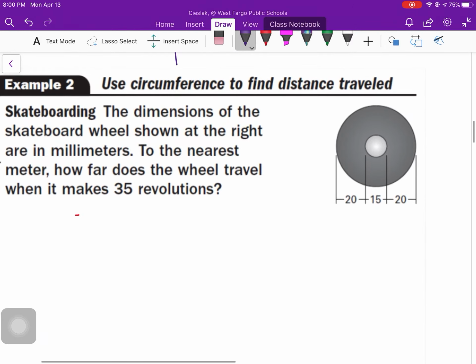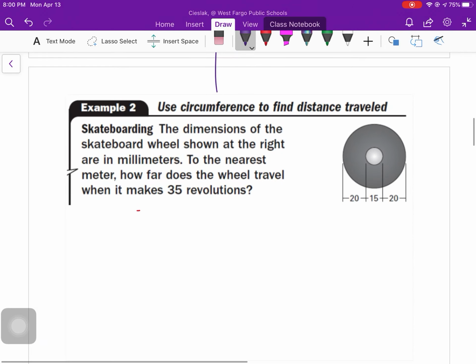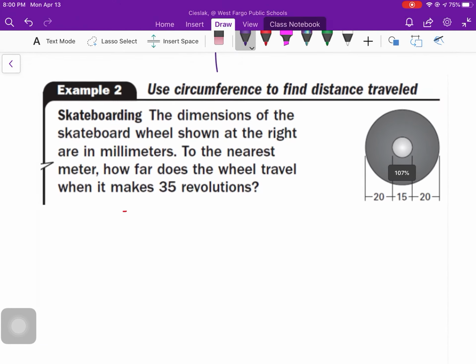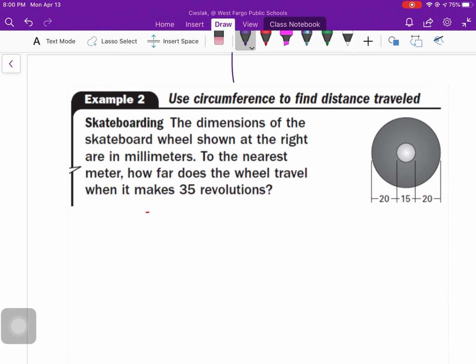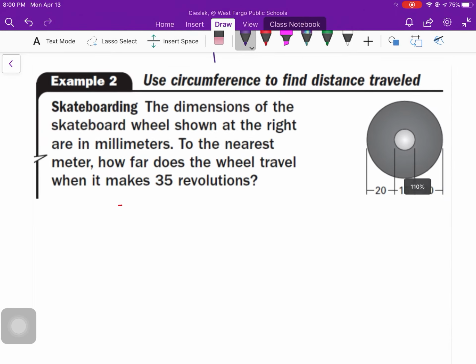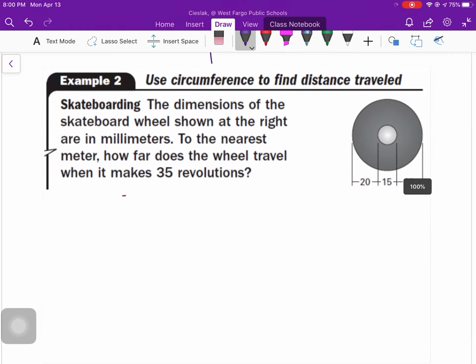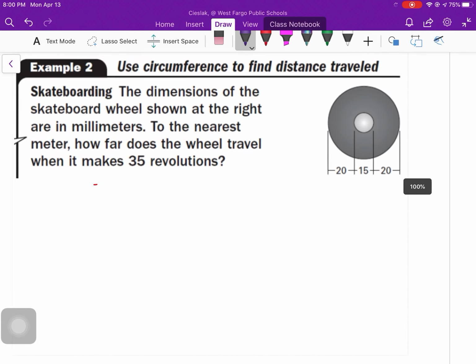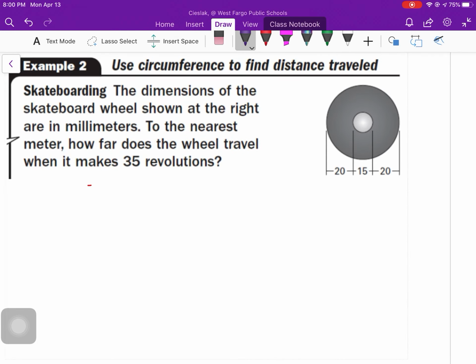Okay. Example 2, talking about skateboarding. The dimensions of the skateboard wheel shown at the right are in millimeters. To the nearest meter, how far does the wheel travel when it makes 35 revolutions? Okay, so this wheel is spinning. I want to know how far it travels altogether.